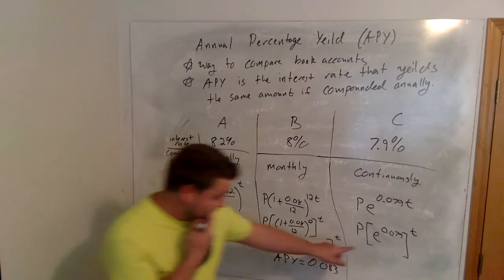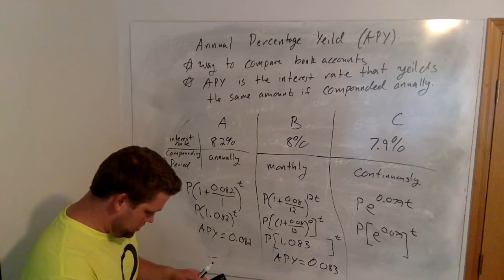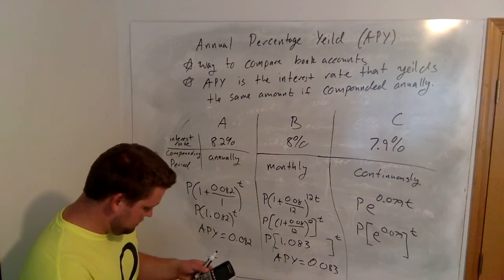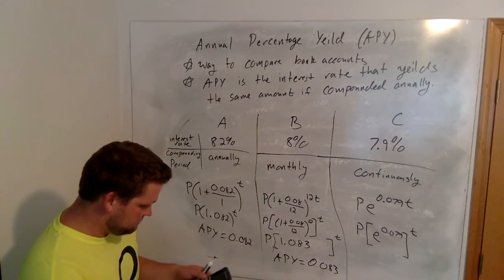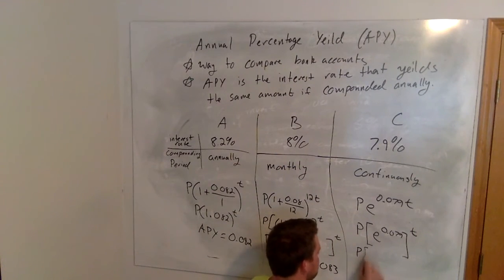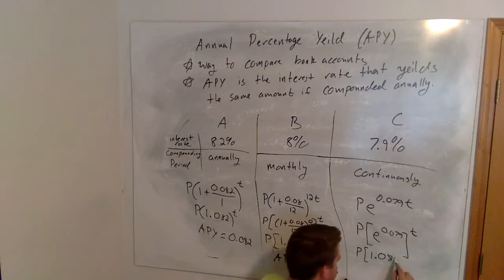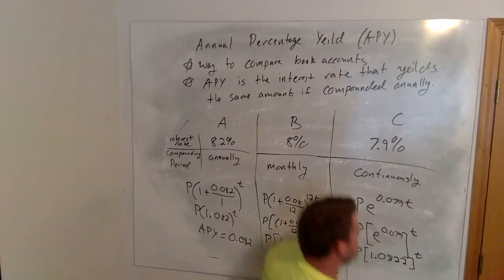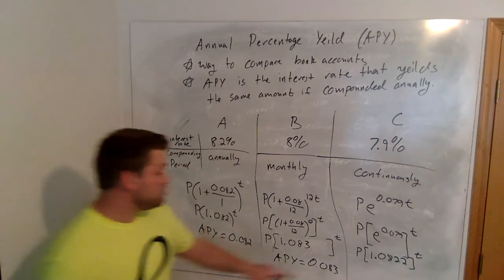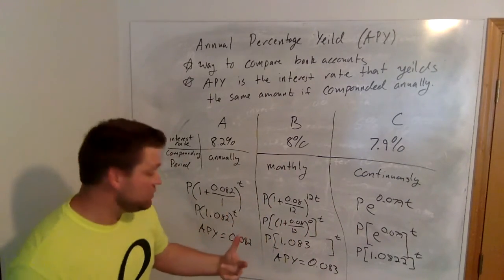So let's figure out what e to the 0.079 is. I'm getting that this is P times 1.0822 to the power of t. This now visually looks like I'm compounding once per year rather than continuously.